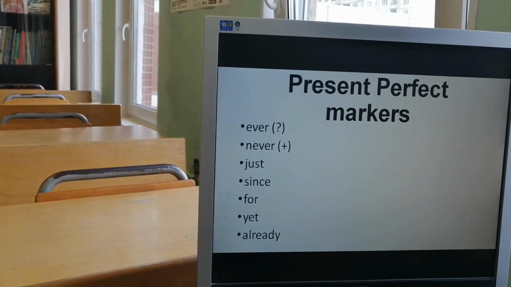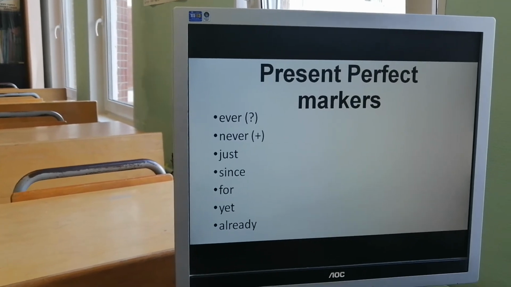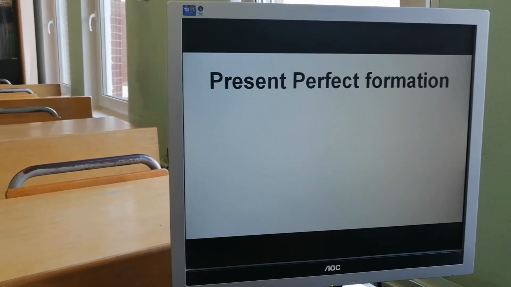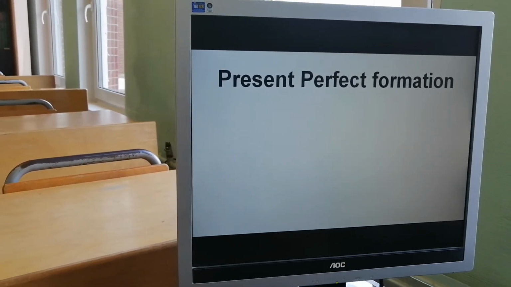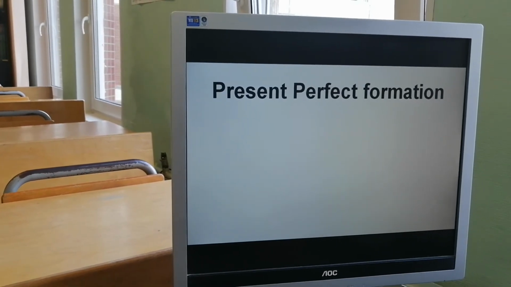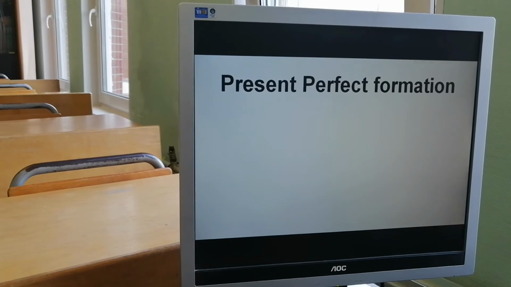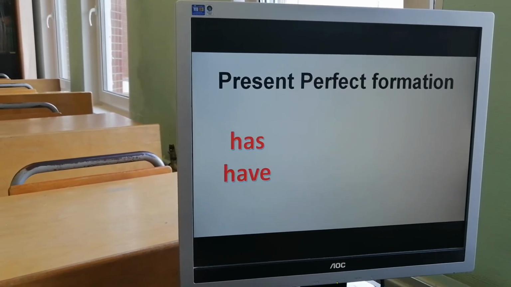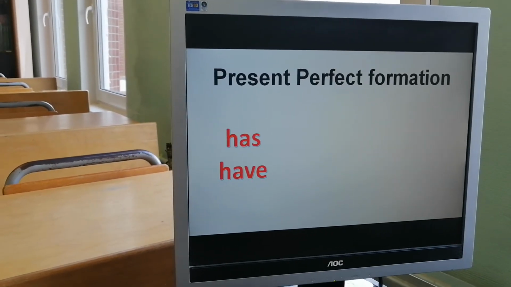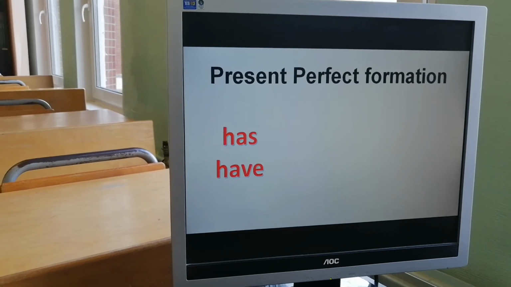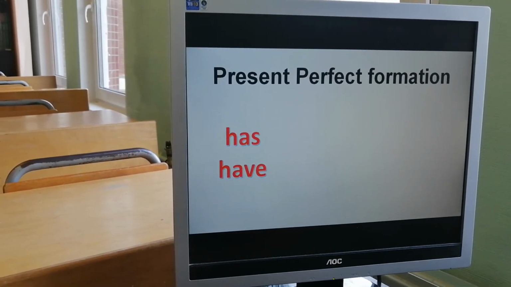Like this. So, and how do we form present perfect? What's the auxiliary verb? If you named have or has, congratulations, you're right. And what form does the main verb take?